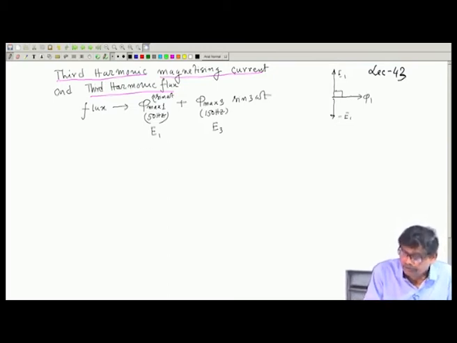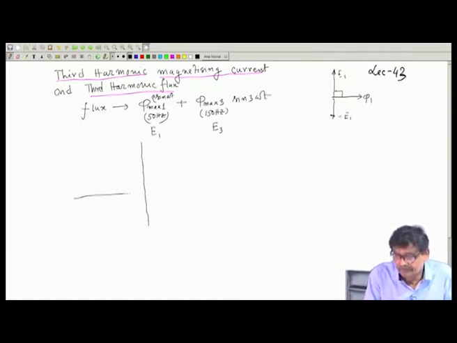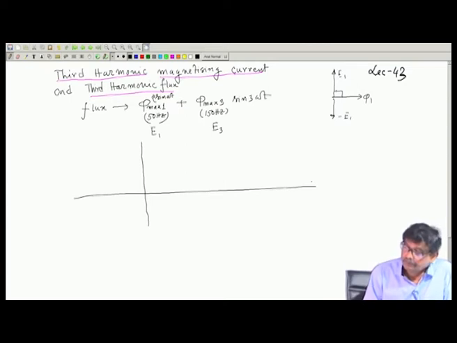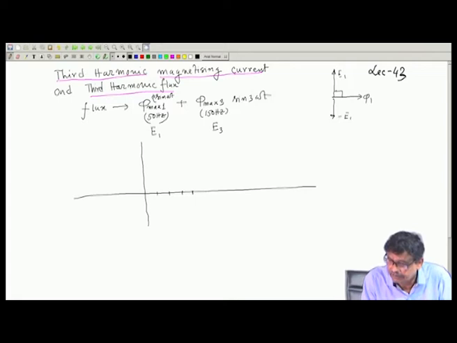So, what I do is this, suppose I try to sketch the waveform. Suppose it is necessary, I divide, these are fundamental 60 degree, 180, then another 180. Okay.